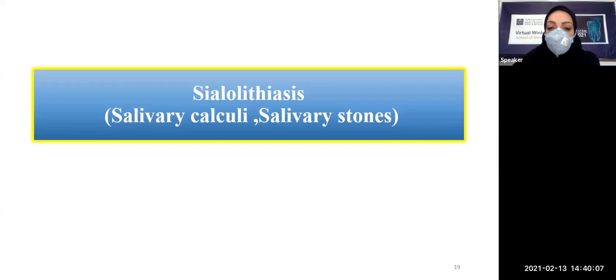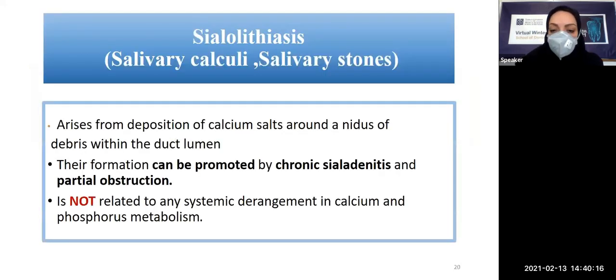So it is sialolithiasis, salivary calculi, or salivary stone. As many of you knew, it arises from the deposition of calcium around a nidus inside the lumen of a salivary gland, and it can be promoted by chronic sialadenitis. On the other hand, it cannot itself promote sialadenitis in the corresponding salivary gland tissue.